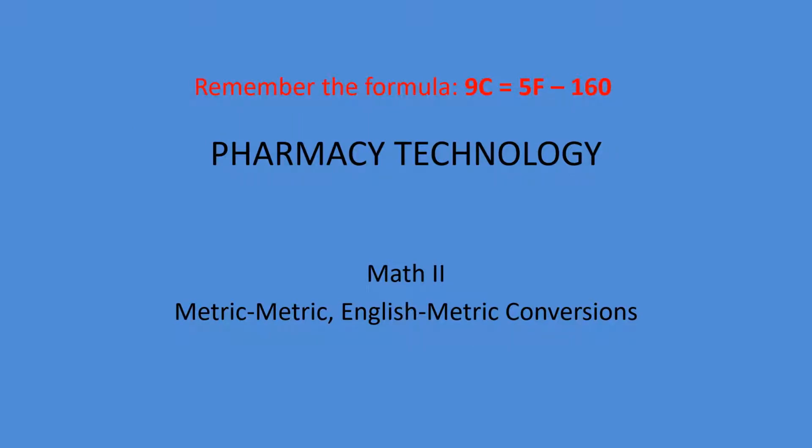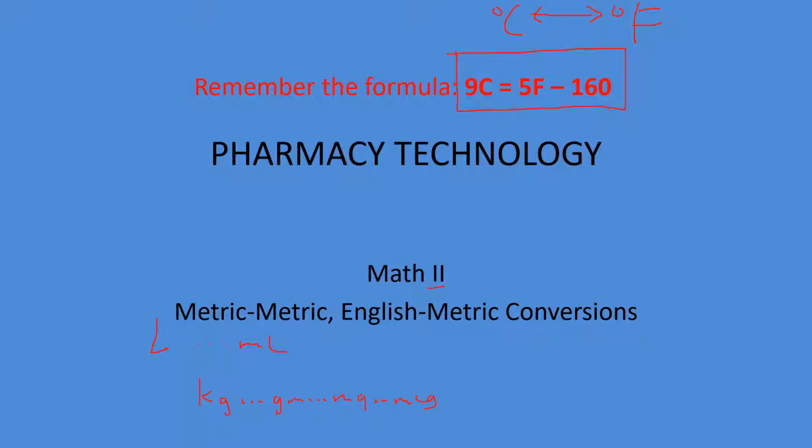All right, so looking ahead for next week, make sure you memorize this equation, converting degrees Celsius and degrees Fahrenheit. So today Math 2 was not too bad. All we did was lose to the left, dot, dot, dot, mLs, right? Metric, metric. How do you know it's a metric, metric conversion? You only see metric units.